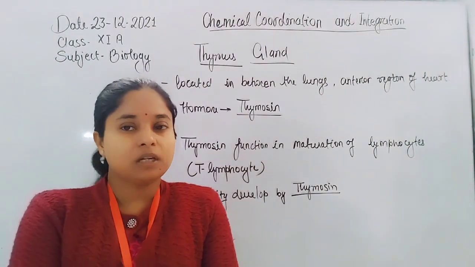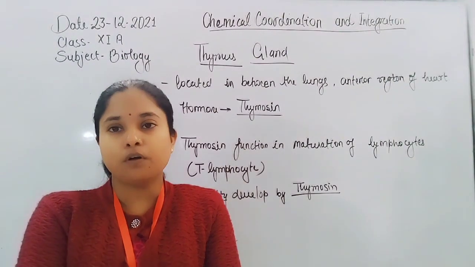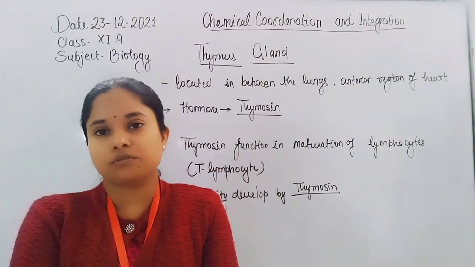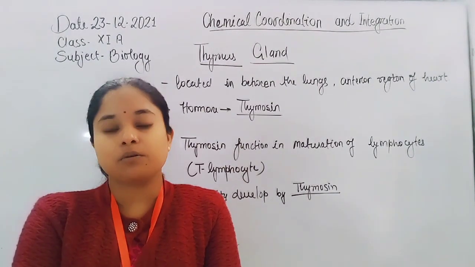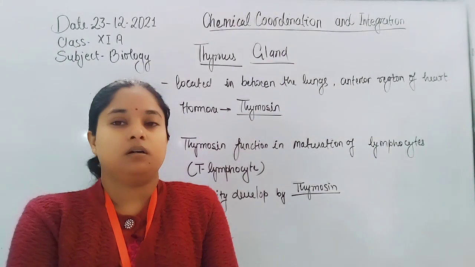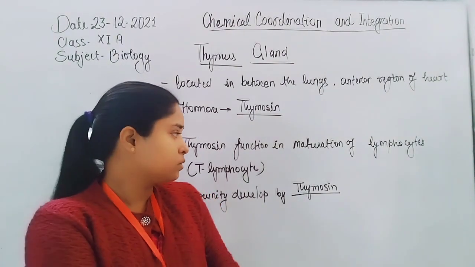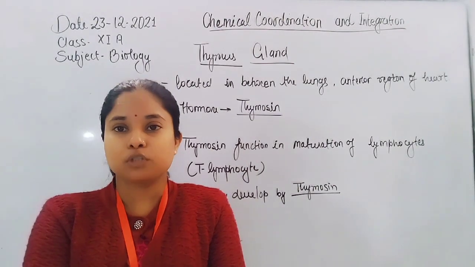The lymphoid progenitor undergoes differentiation to form B lymphocyte cells and T lymphocyte cells. The B and T lymphocyte cells both form in bone marrow, but the maturation of T lymphocyte cells takes place only in the thymus, in the presence of hormone thymosin.